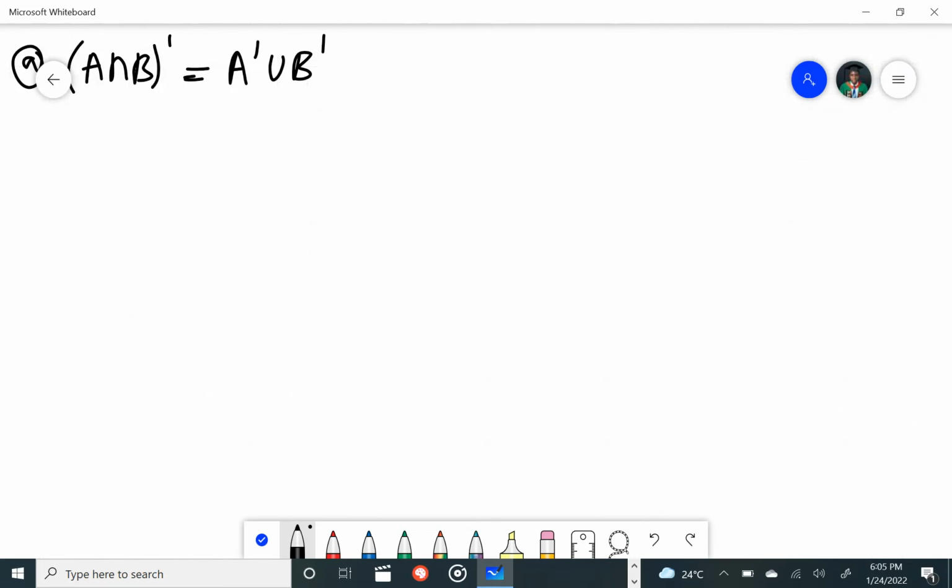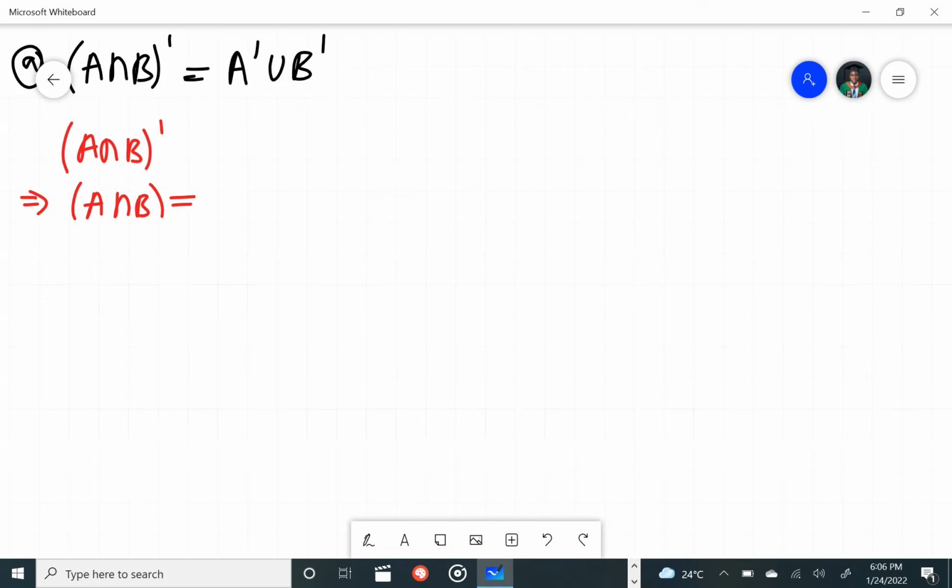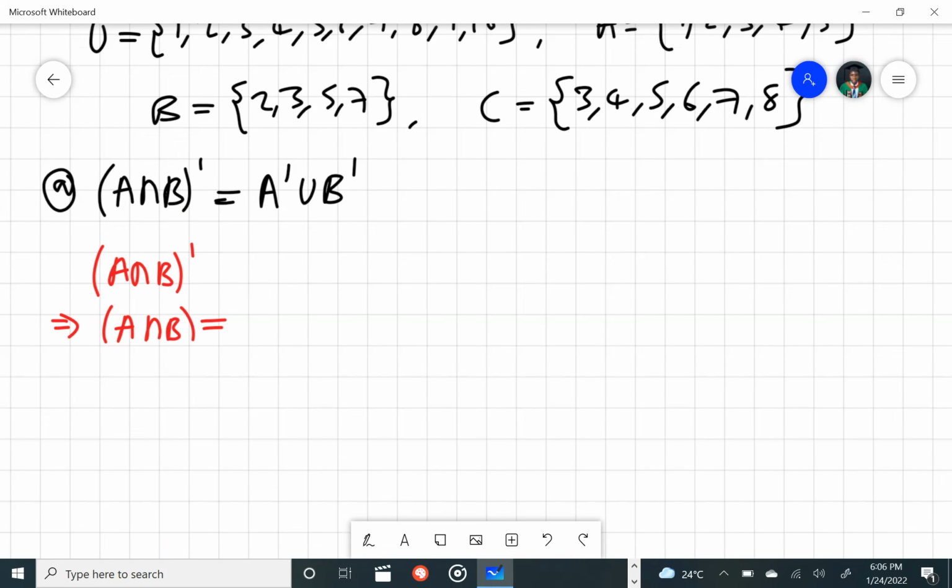So let me solve for A intersection B complement. Before you can solve for A intersection B complement, you first want to solve for what? A intersection B. For A intersection B, let's look at what we have here.